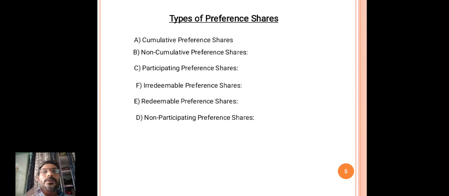So as per Section 80, the redeemable preference shareholders will get the capital back after a specific period. And in the case of irredeemable preference shareholders, they won't get the money back.